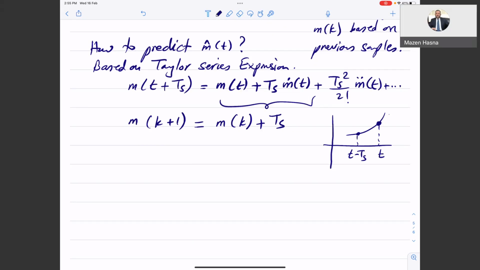So if this is your signal, it's the slope of this line. What's the slope? I can estimate it as the tan of this signal, which is this over this.